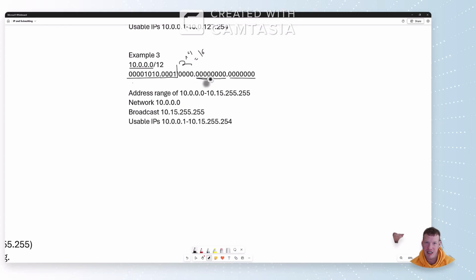Remember, these last octets don't change at all. They're separate because anytime you are going into another octet, you don't worry about the previous one. So all ones equal 255. So now our usable IP addresses are 10.0.0.1 through 10.15.255.254.